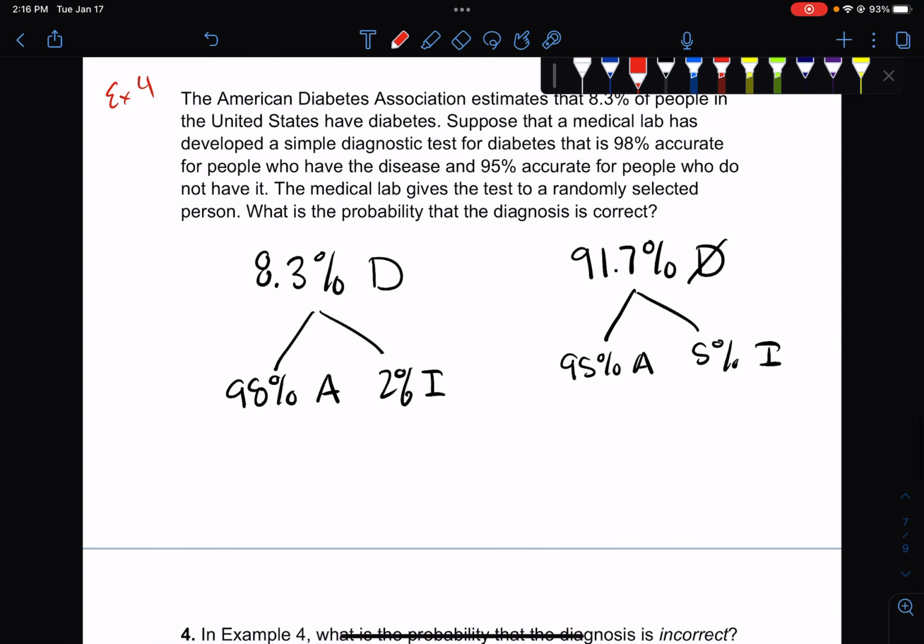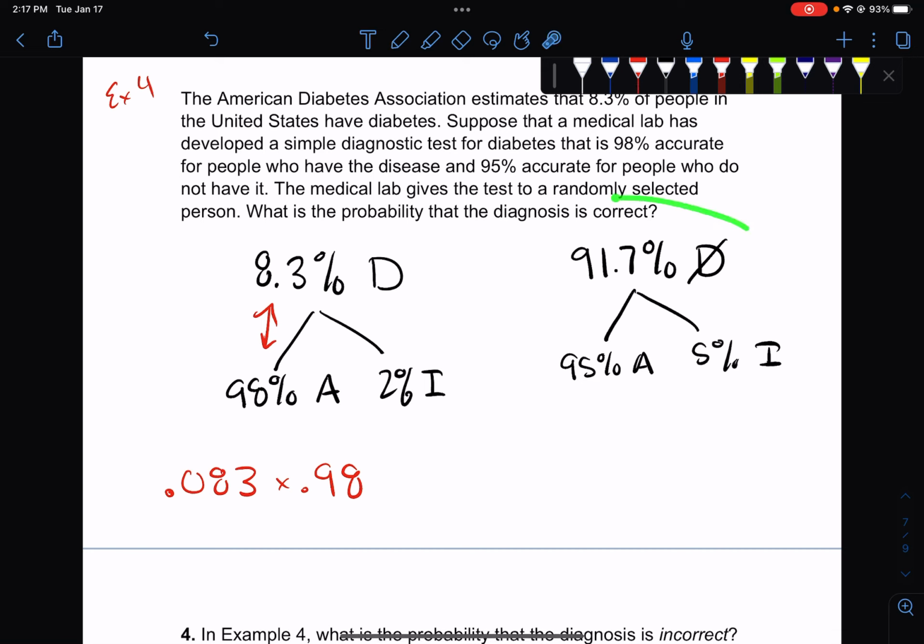So the way I'm going to do this is I'm going to take 8.3% and multiply that by 98%. But when I write that, I don't want to do 8.3%. I need to write it as a decimal. So 0.083 multiplied by 0.98. So 0.083, that chunk of the population, it's 98% accurate.